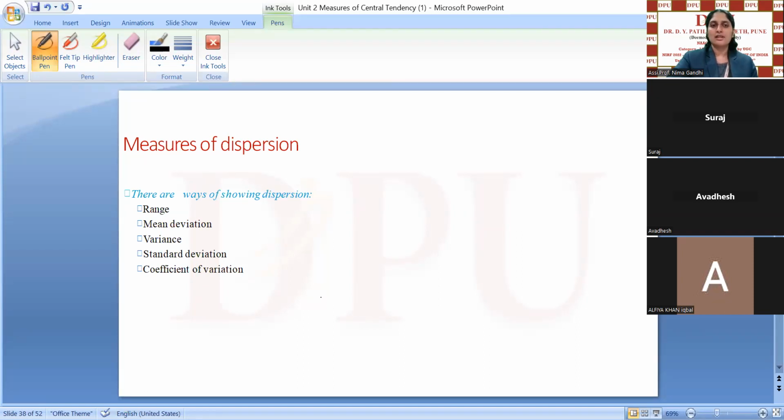In this particular session, we are learning more about variance and standard deviation, because these are the measures of dispersion which we use for further mathematical calculations. The important thing is to know the calculations for the variance and standard deviation.